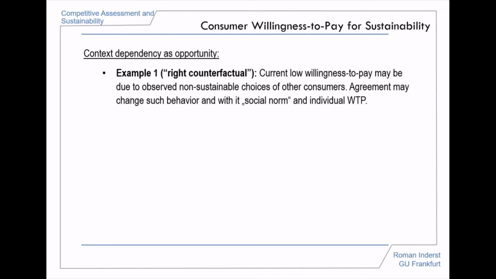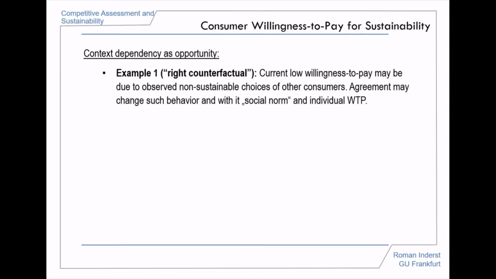One example is what I call the right counterfactual. If we had, in our example, the sustainable fuel already in the market, introduced by a single firm, and consumers do not really take it up, we may conclude that the willingness to pay is low. But that may only be because they see other consumers still making the same choice. An agreement could change this.